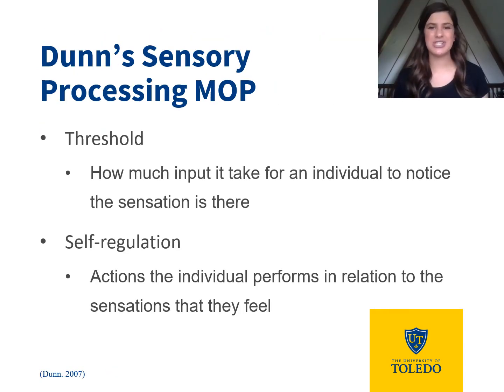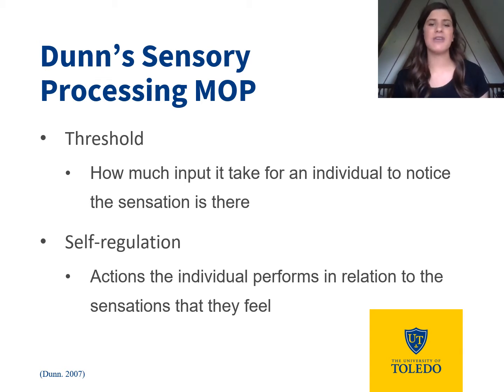Dr. Winnie Dunn, an occupational therapist, created the sensory processing model practice. She found that there are different ways that an individual's central nervous system processes sensory information. For example, some people may really like one sensation and it helps them relax, whereas someone else could receive that same sensation and it causes them discomfort. Therefore, Dr. Dunn identified that there are two different factors to consider for processing sensations.